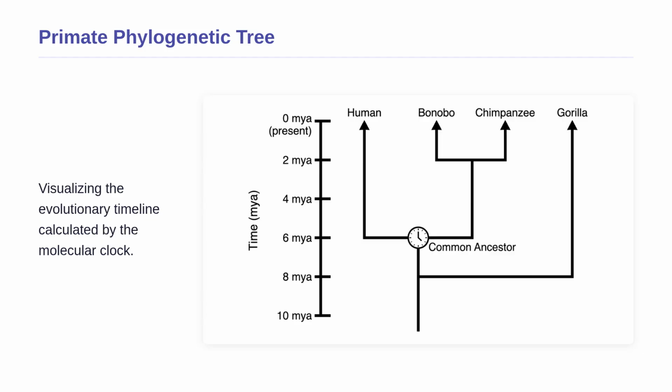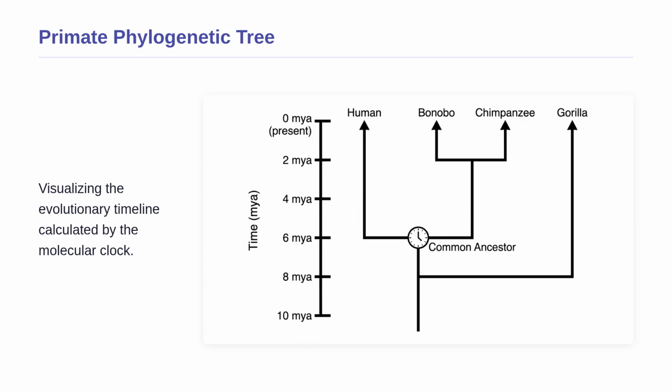Now that we have calculated these divergence times, let us visualize them on a phylogenetic tree. Look at the vertical axis on the left, which represents time in millions of years ago, counting down to the present day at the top. Notice the branch for gorillas splitting off first, around 8 million years ago.